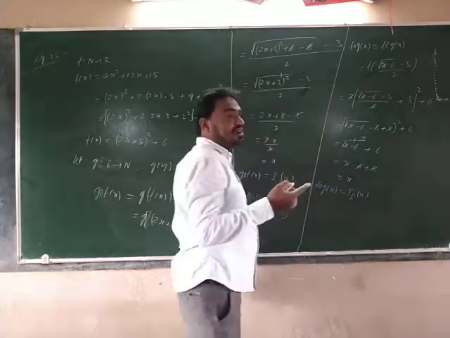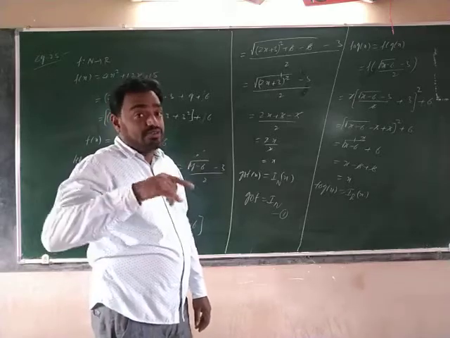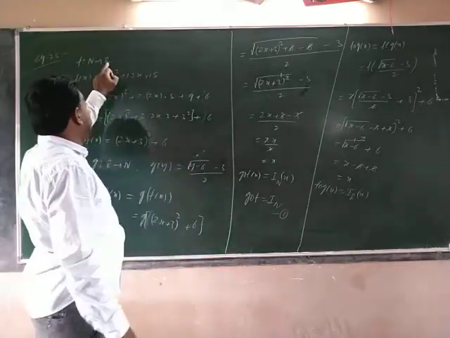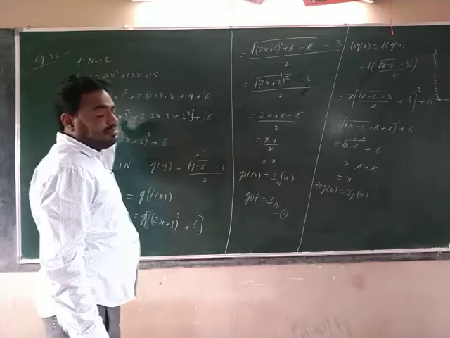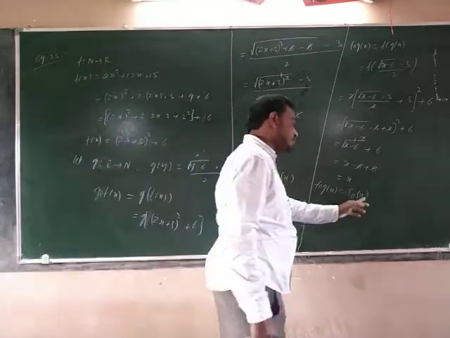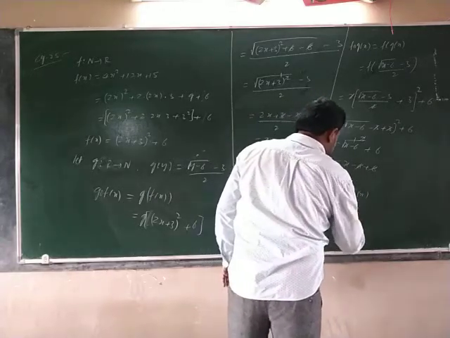F circle g is mapping from where to where? B to B. What is the B here? N, R. N is A, R is B. So I_R of x. So f circle g is equal to I_R.